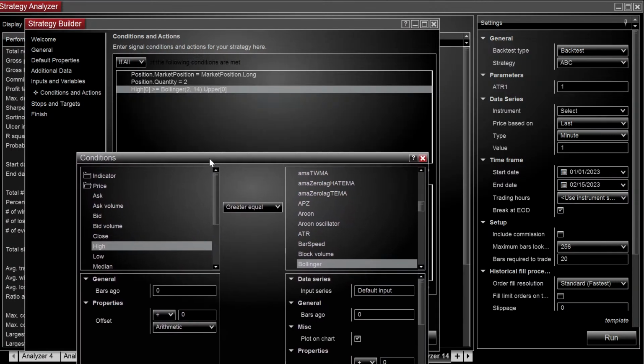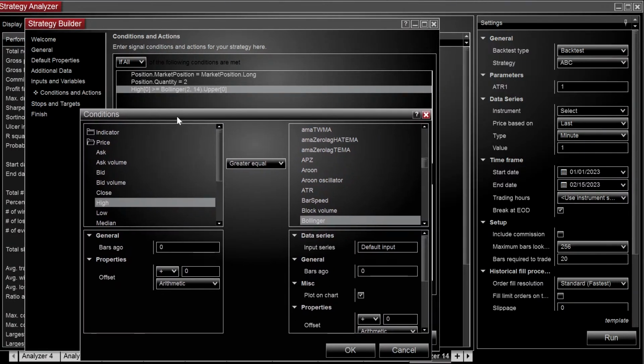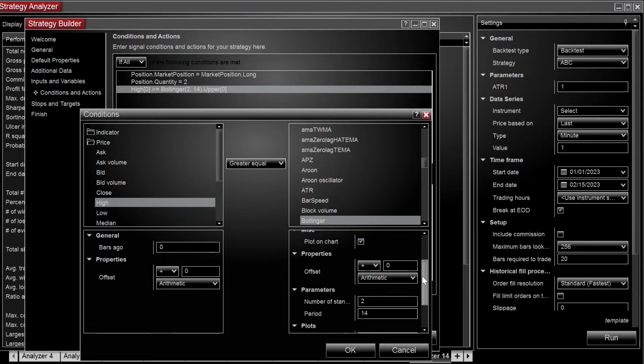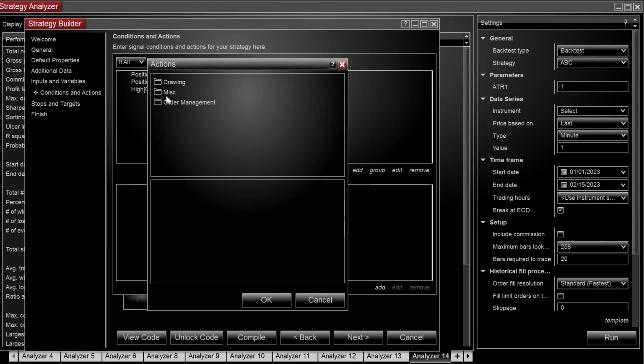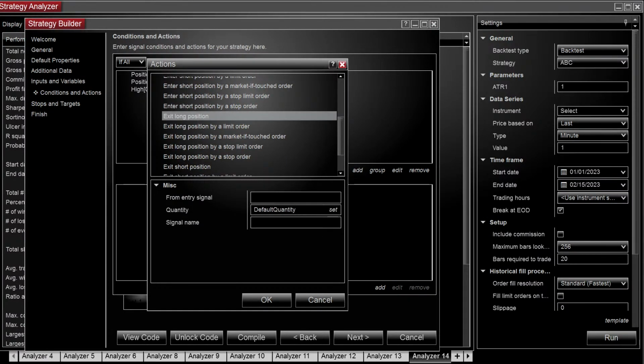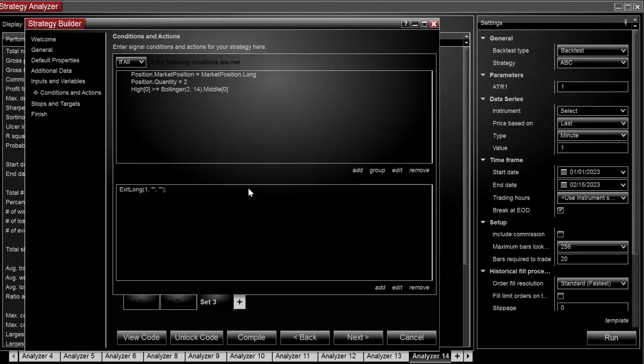So we're currently long, position quantity is 2, and then the high is greater or equal to the middle band. Then we exit long position, we gotta set it to 1. There's that. Duplicate this tab.